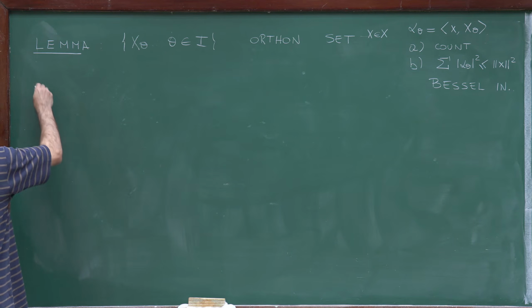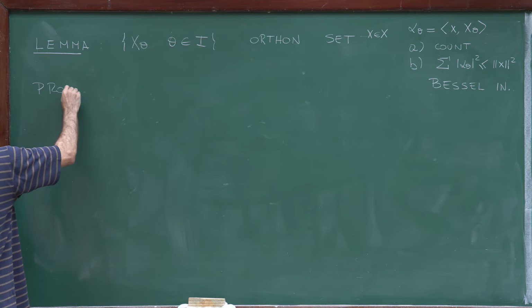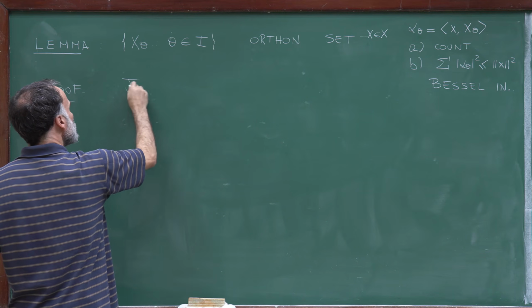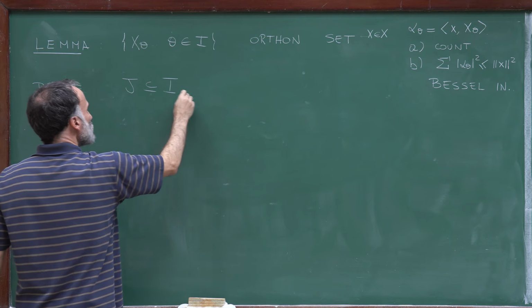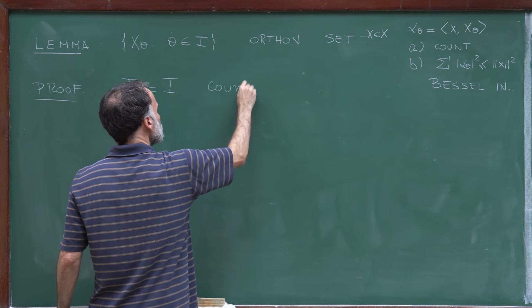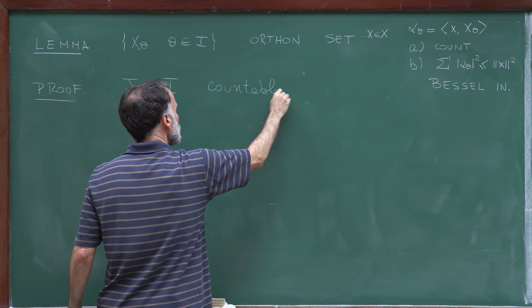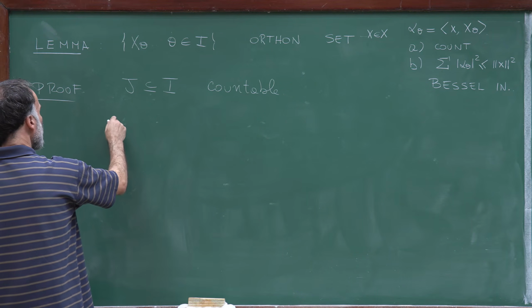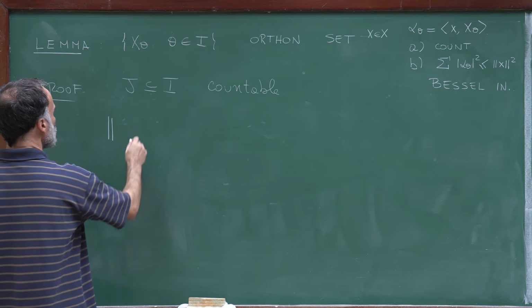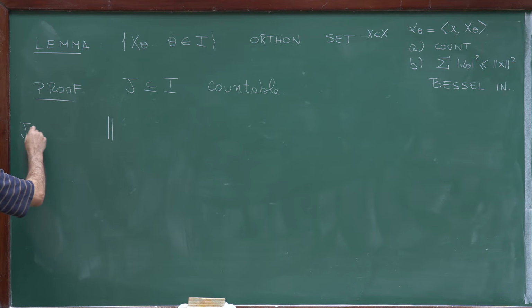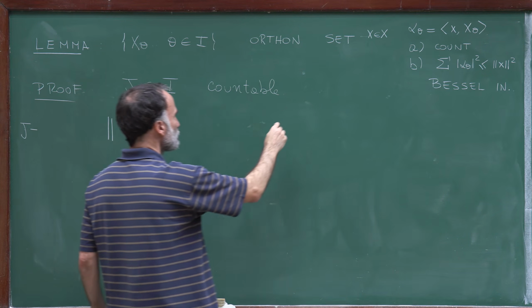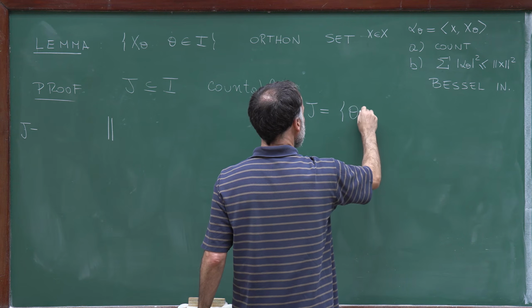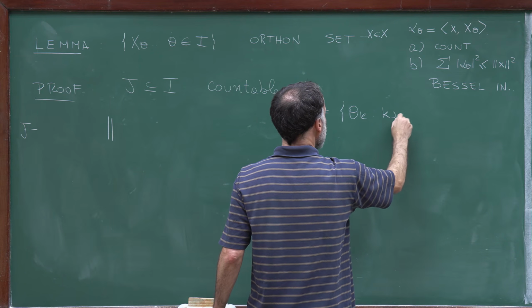So let's prove that. Let me take a j in I which is countable, so j is equal to theta k, k larger than 1.